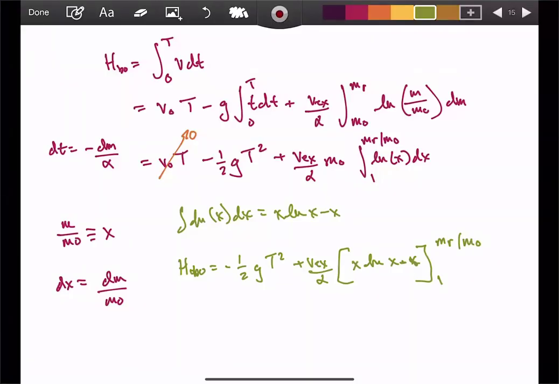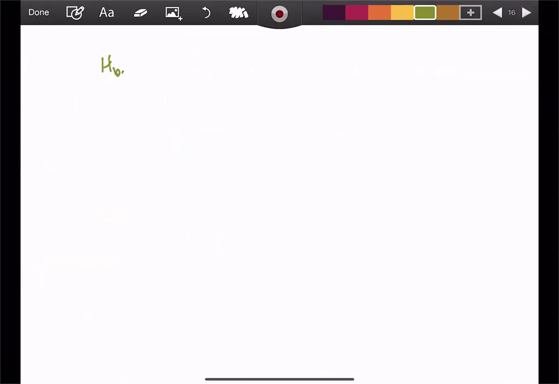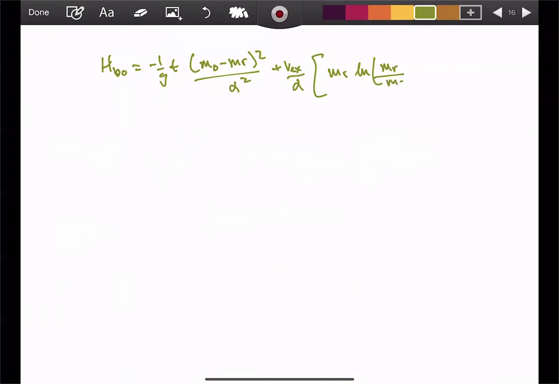Okay, so let's put all that in. At the end of the day, h burnout is minus 1/2 g, now let's put in what t is, so that's going to give me m0 minus m rocket squared over alpha squared, plus V expulsion over alpha times m final, natural log of, actually it's going to be m rocket, sorry, natural log of m rocket over the initial mass.